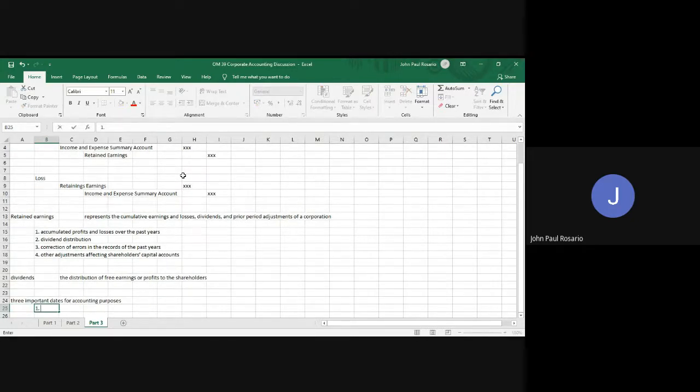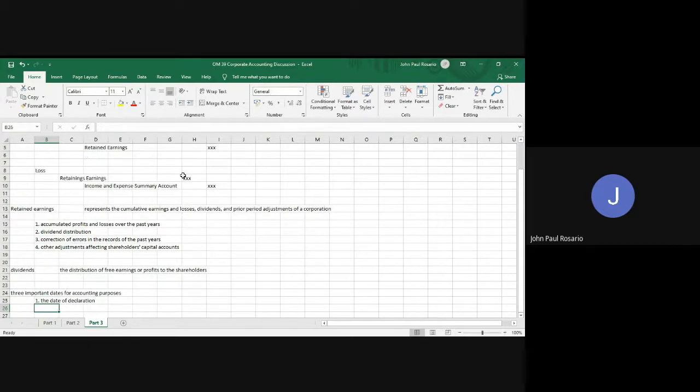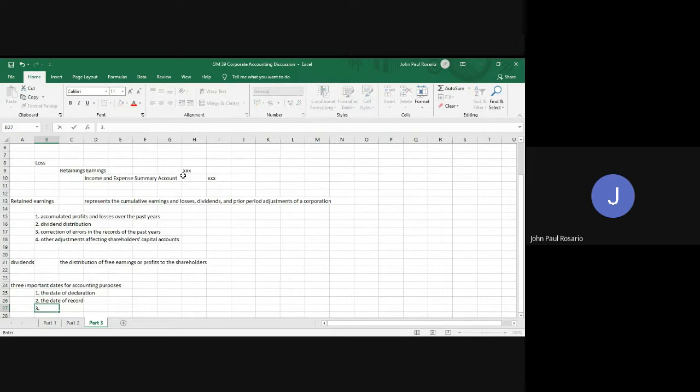The first one is the date of declaration. Second one is the date of record. The third one would be the date of payment.